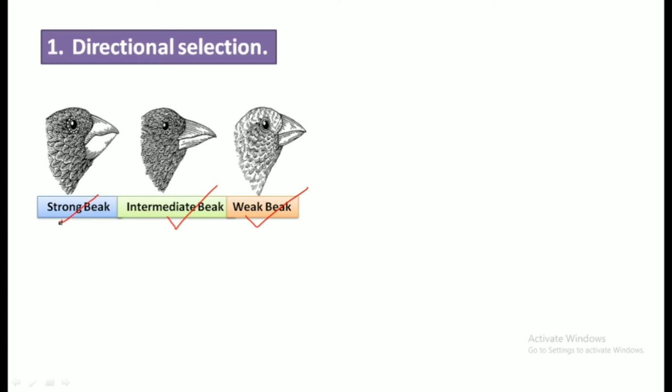The strong beaks could crack hard nuts, while the intermediates could eat soft seeds and soft fruits, while the weak beaks could take nectar from flowers and also chew very soft fruits.